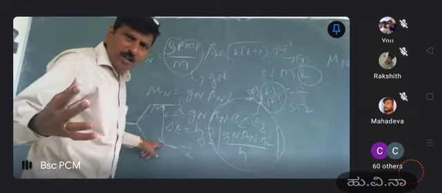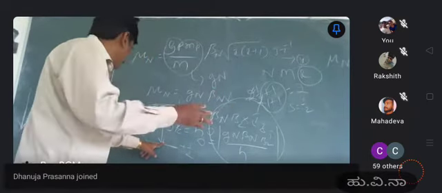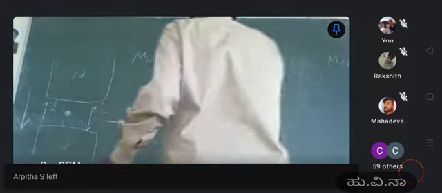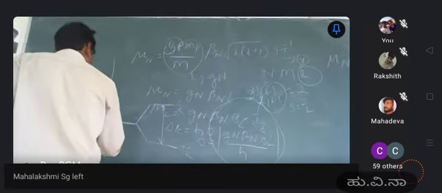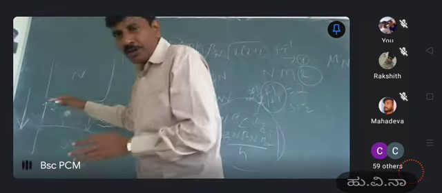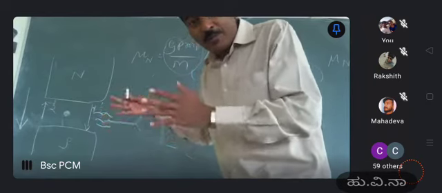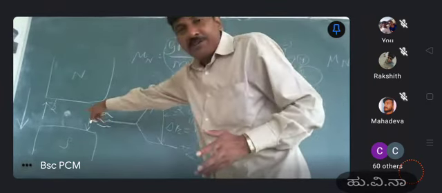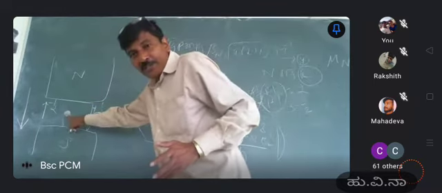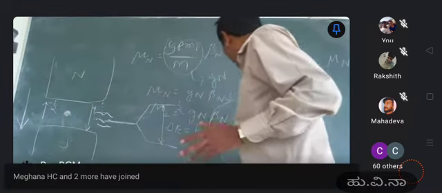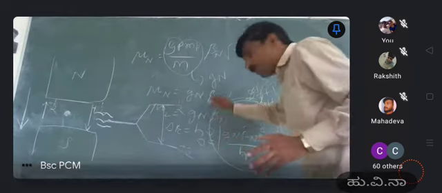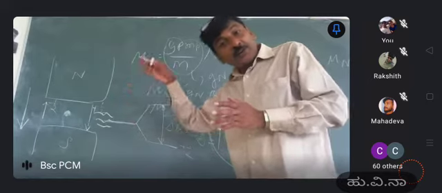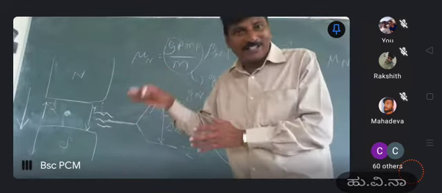Suppose the nucleus is in this particular energy level. You continuously pass your radio waves towards this nucleus. It will absorb only when the frequency is exactly equal to nu, the frequency of the electromagnetic radiation.